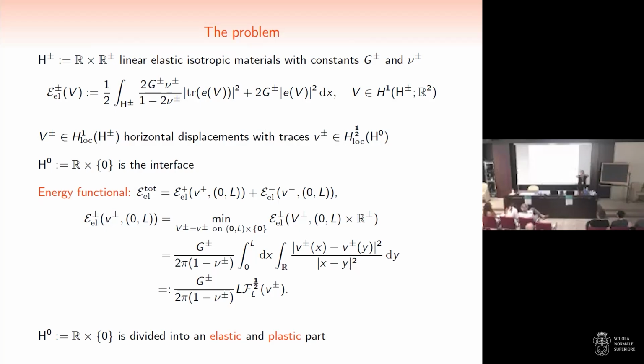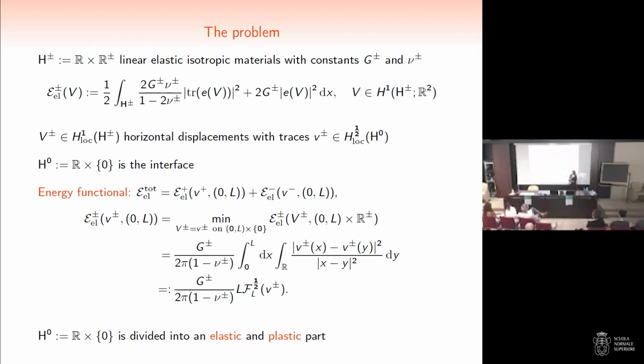But now I'm interested in the interface. So I want to see an energy that depends on the trace of this capital V. Let me denote by small v the trace of capital V along the interface H naught, that is the real line. Okay? So the total energy that depends on these traces v plus and v minus is given by the sum of these elastic energies that are the ones on the top.